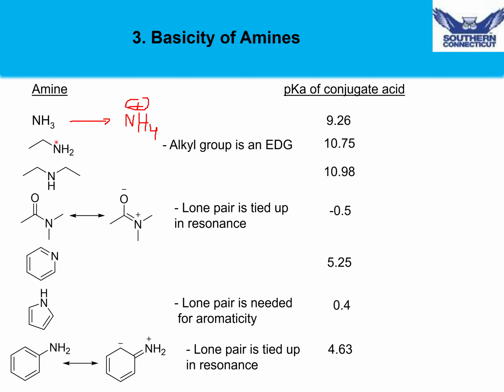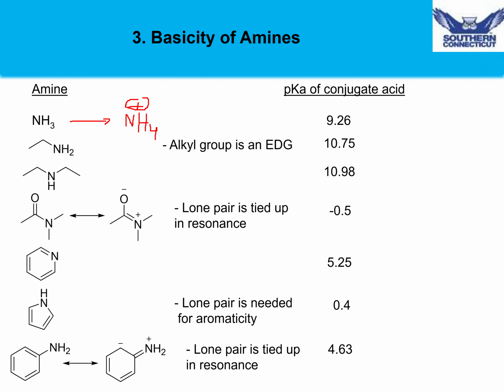Comparing ammonia to the next example, which is ethylamine, notice the pKa value goes up for the conjugate acid, which means this is a stronger base than ammonia. One way we could rationalize this is that the ethyl group is an electron donating group, and so we can think of that nitrogen as being more electron rich, and it can react with an acid easier. Another way to think about it is the stability of the conjugate acid.